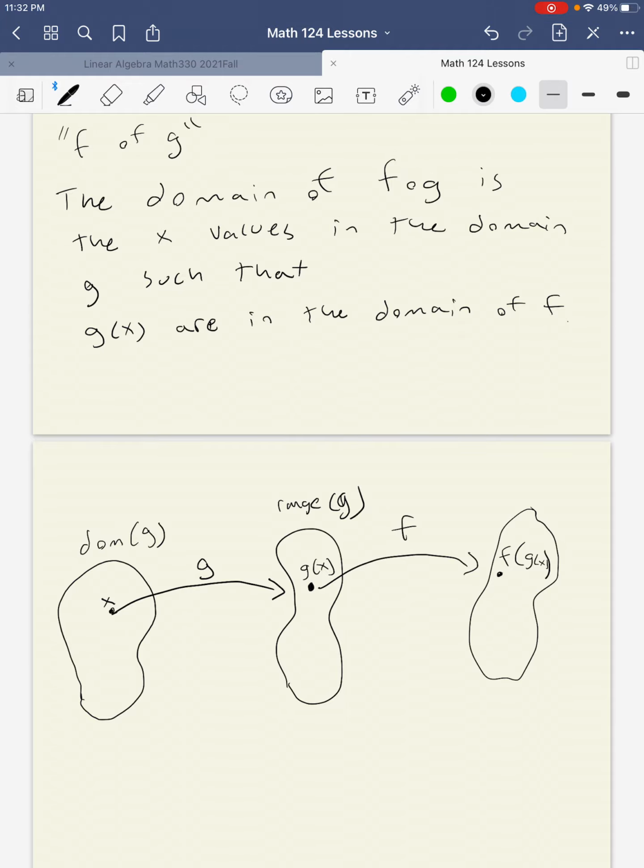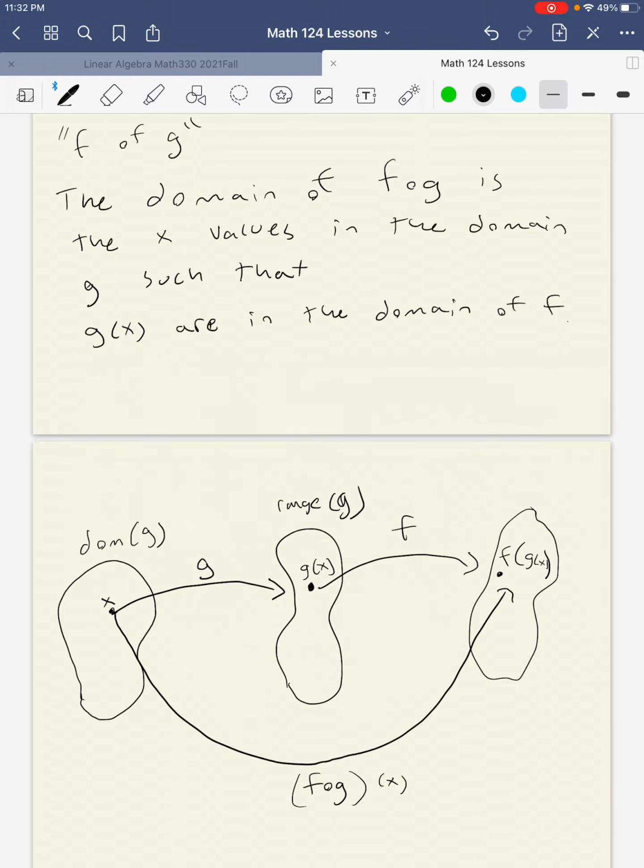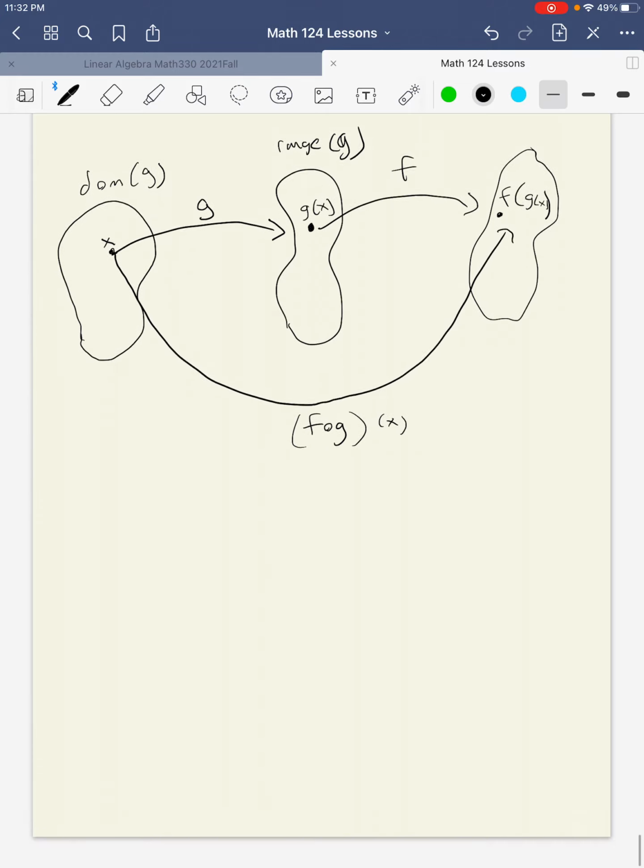So what we could have done is just skipped the middleman here and plugged the original x into the composite function f of g of x. Okay, so that's sort of the picture here. Let's now just look at some examples.